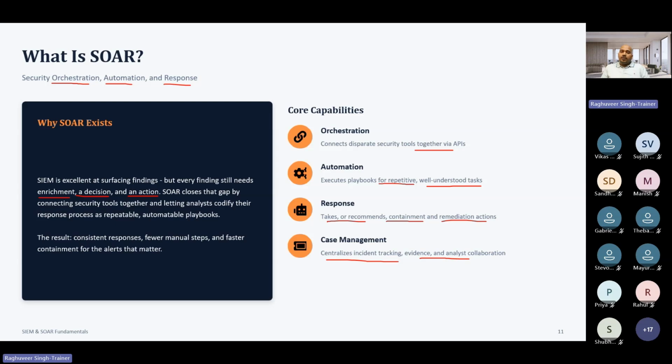So what will happen? If you have configured NSG logs, or NSG diagnostics into your SIEM solution, you will receive that log. That log will generate an incident. That incident will be picked up by SOAR. SOAR will automatically identify the NSG, remove that specific inbound rule, and also take action on the person who did it.